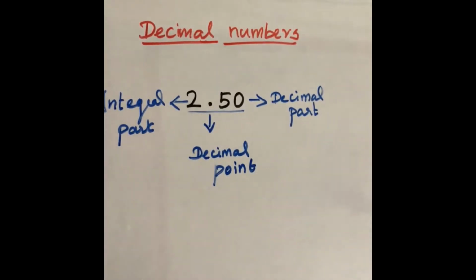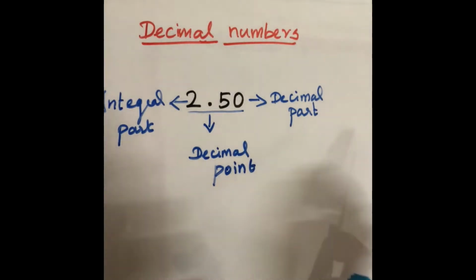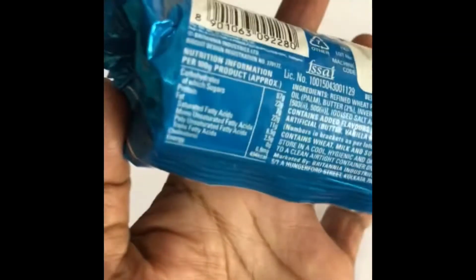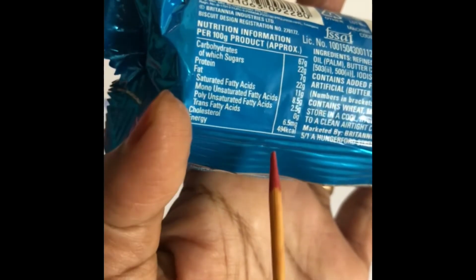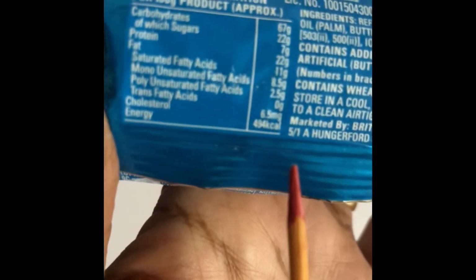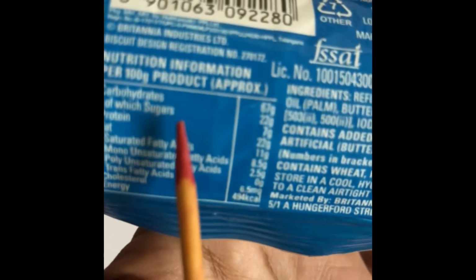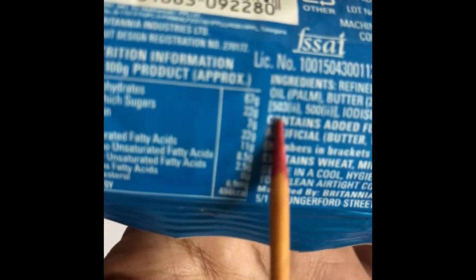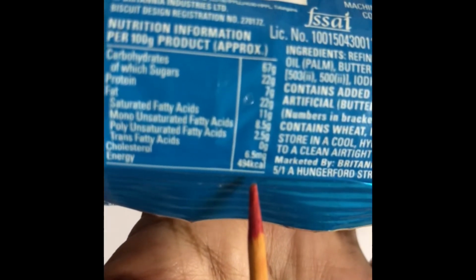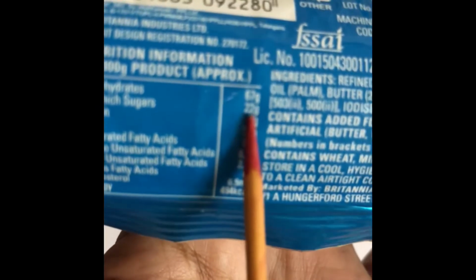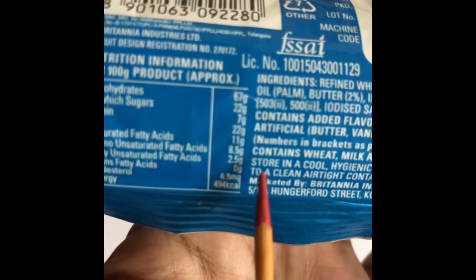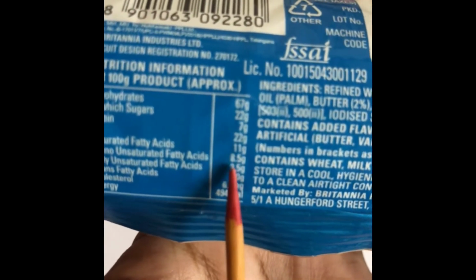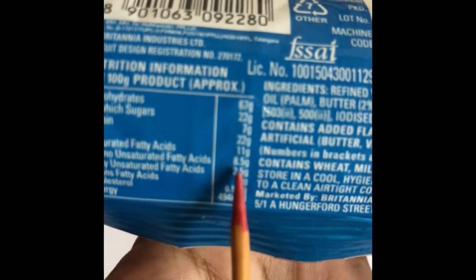Now we come across these decimal numbers in our daily life. If you take a packet of biscuits, you can find so many numbers in the nutrition information. A few numbers are given as whole numbers, such as 57, 67, 22, 3, 2, like that.